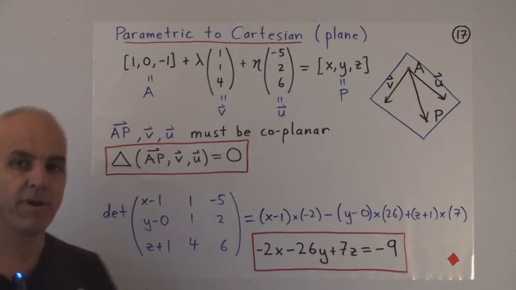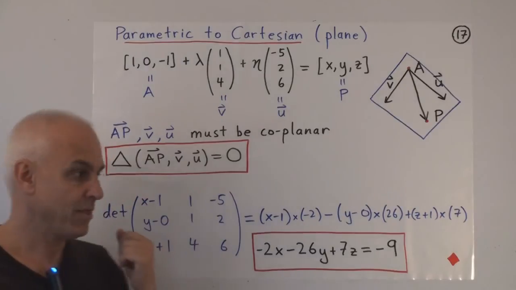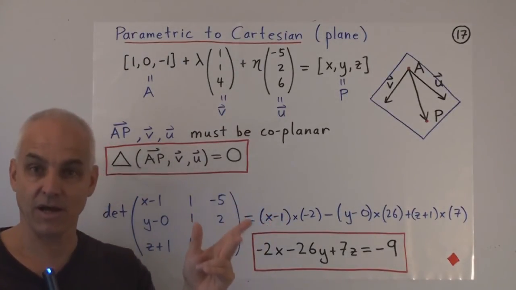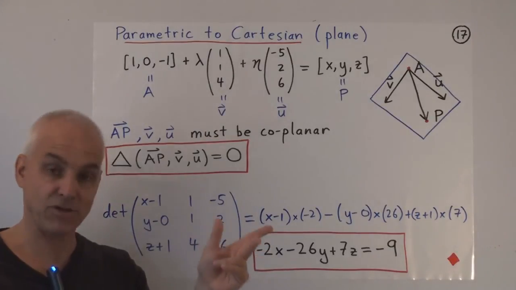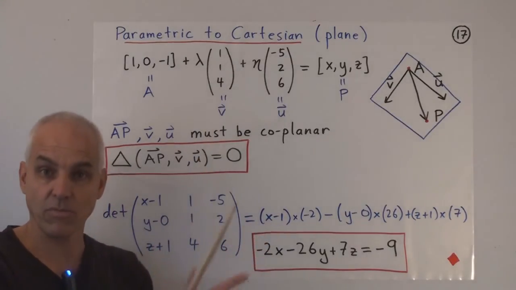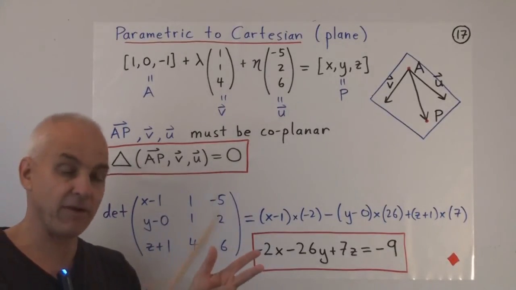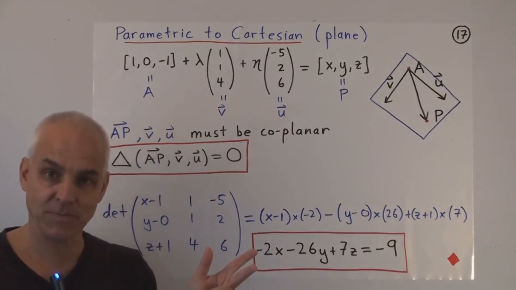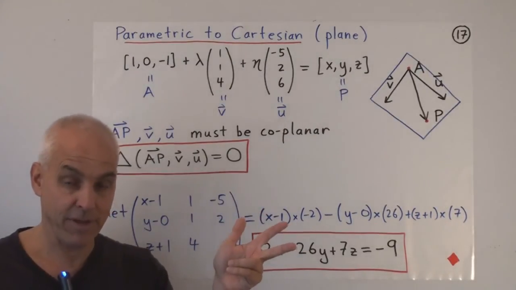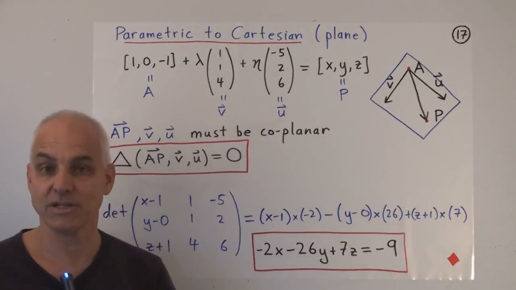Now, how do we capture that algebraically? Well, we remember the determinant. The determinant we originally thought of in terms of a trivector. We have three vectors. The determinant represents the volume, or the signed volume, of the parallelepiped formed by those three vectors. And if those three vectors are coplanar, then that determinant is 0.